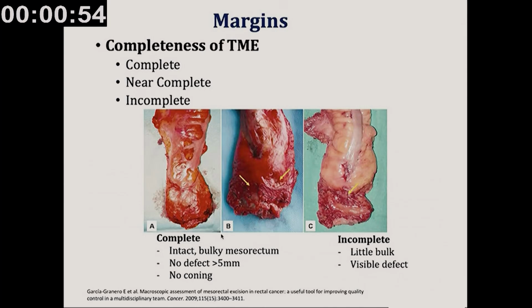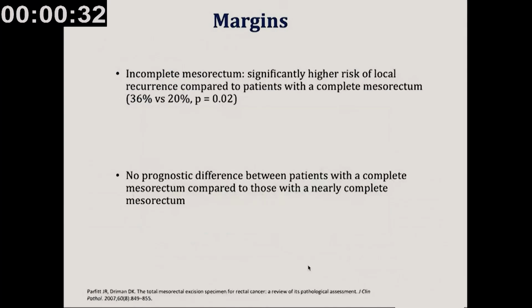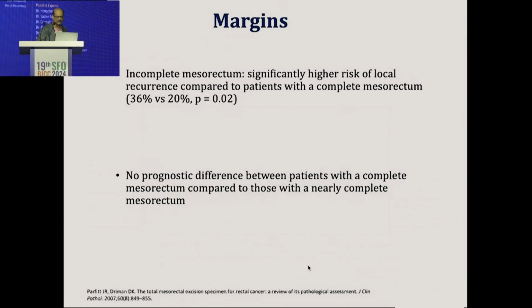If you do TME, you must mention it in the requisition, and if the surgeon can mark the resection margin, it is better for us, especially for our residents. They are not as expert as the surgeons at identifying these margins. Incomplete mesorectal resection has a poorer prognosis.